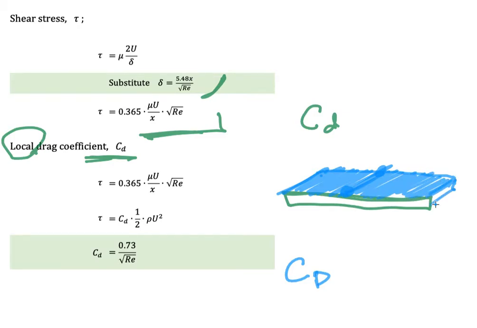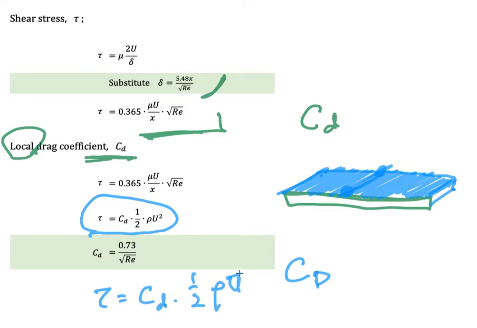Okay, so to calculate the CD, we are using the idea of this one. We have tau equal to CD 1 over 2 rho u square.